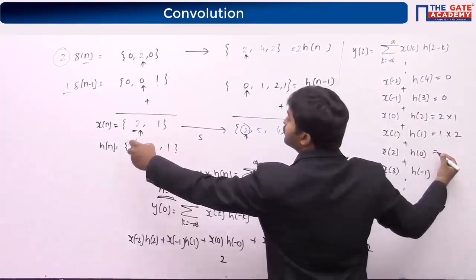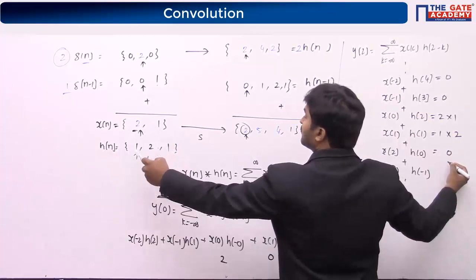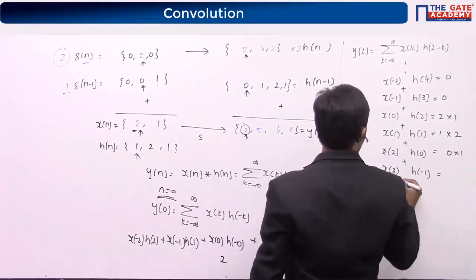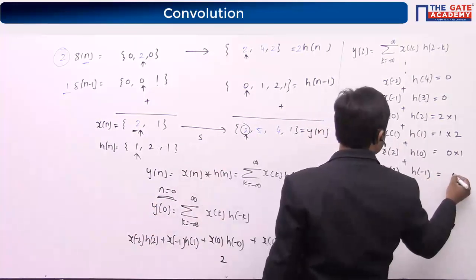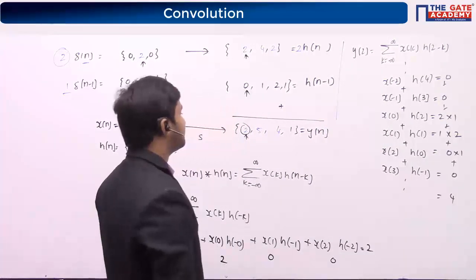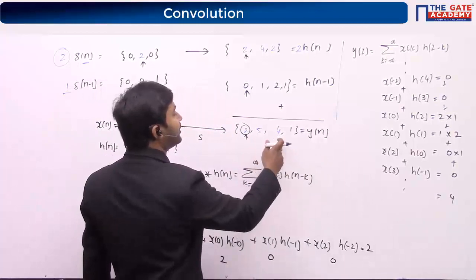Next, x of 2 is 0, h of 0 is 1. Here also, x of 3 is 0, h of minus 1 is also 0. Now if you add all of them, this is nothing but 4. What is this 4? It is y of 2.